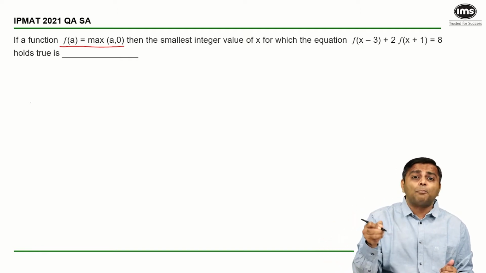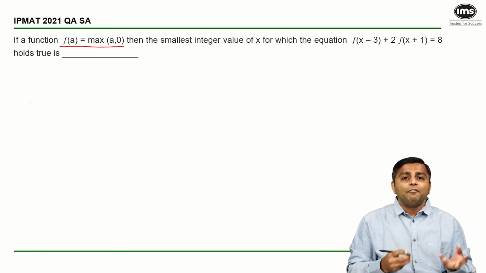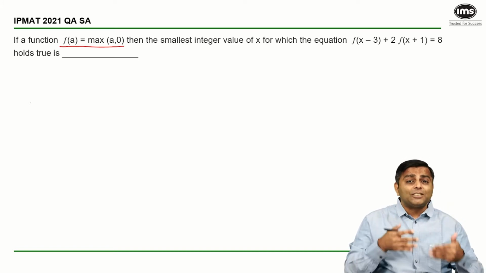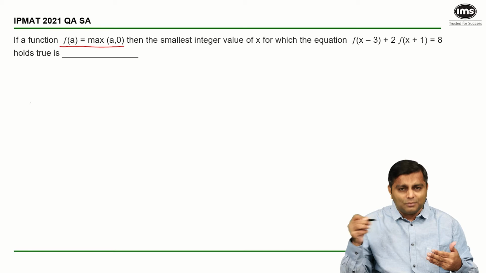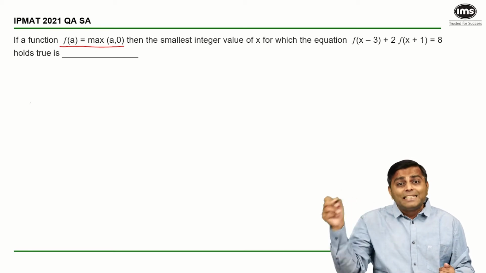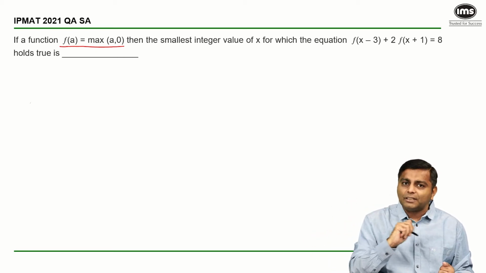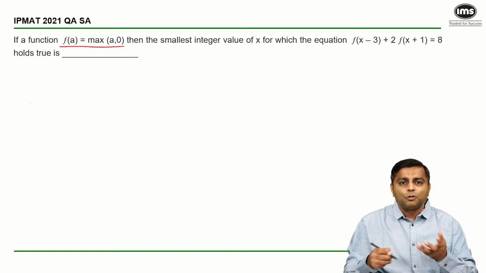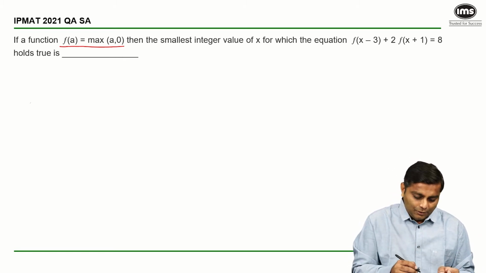So, if a is a positive integer, f of a will be that integer. If a is negative, which means it is lesser than 0, then the maximum of the two becomes 0. So, then f of a will become 0 for all negative integers. And if a is 0 itself, then maximum of 0 and 0 anyway is going to be 0, correct.